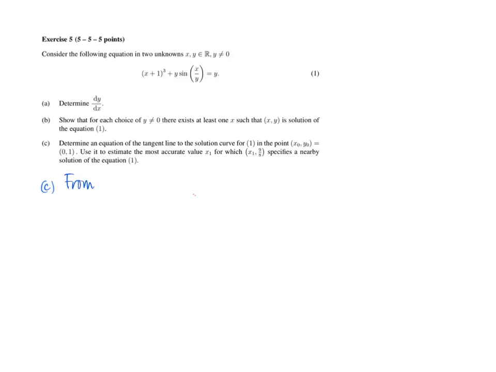Now, determining the equation of the tangent line to the solution curve for 1 at the point (0, 1): in part A we've seen that if you calculate the derivative of y at (x0, y0) = (0, 1), we get y prime 0 equals 4.